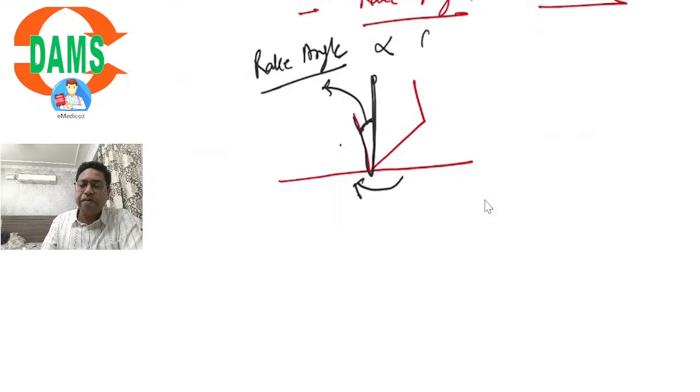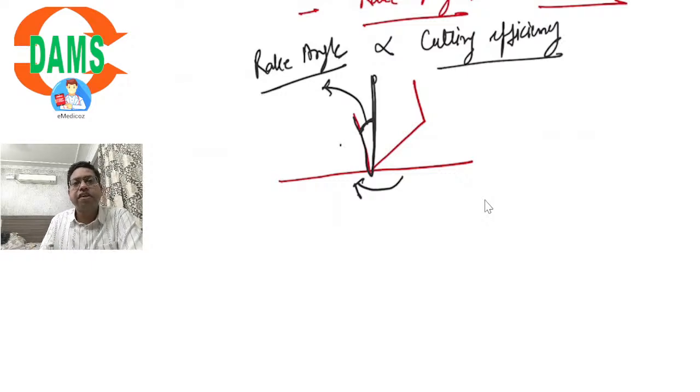Rake angle is directly proportional to cutting efficiency. Higher the rake angle, greater would be the cutting efficiency of our instrument. And this rule is applicable not only to these endodontic hand instruments, but to the rotary instruments as well. Okay.